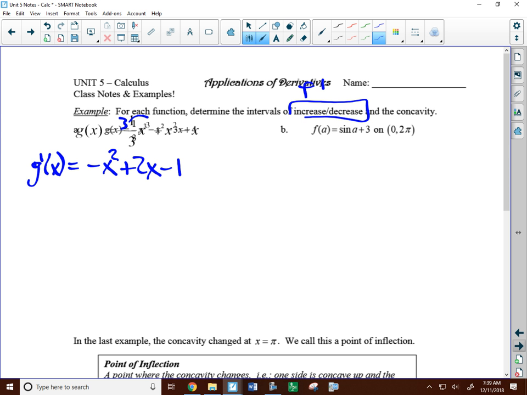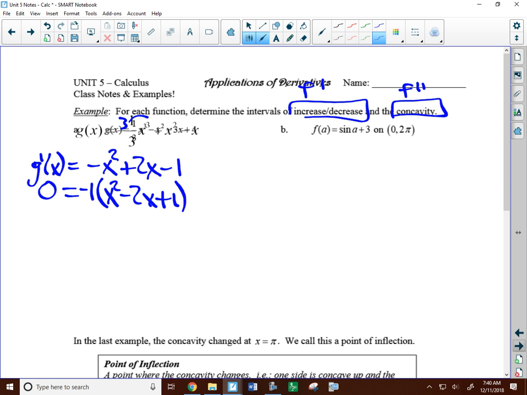Okay, so we're just going to contrast this versus concavity. And you're going to see how similar these are. So this is yesterday, increase, decrease. We find the critical points, we set this equal to 0, and solve. So I'm going to take out negative 1, so I can then factor this trinomial: negative x squared minus 2x plus 1.